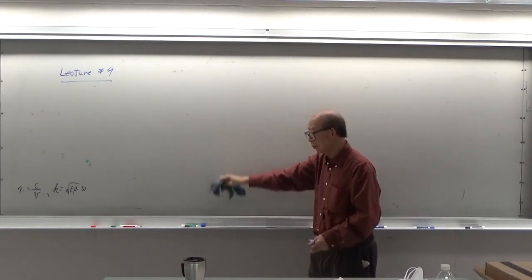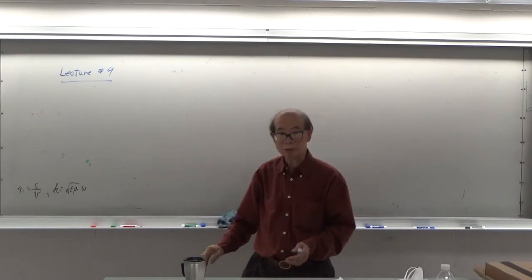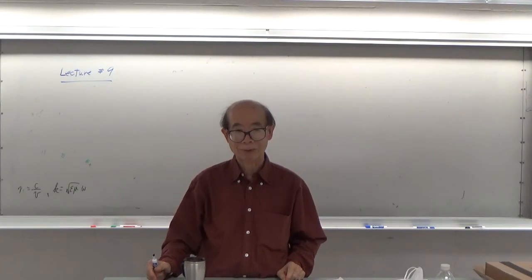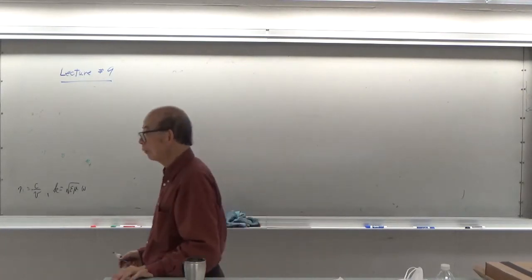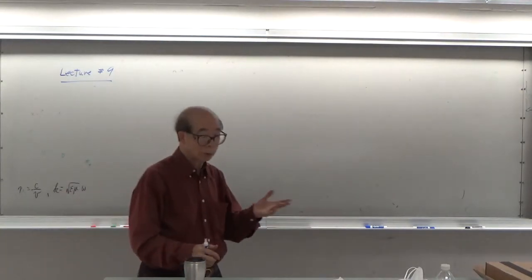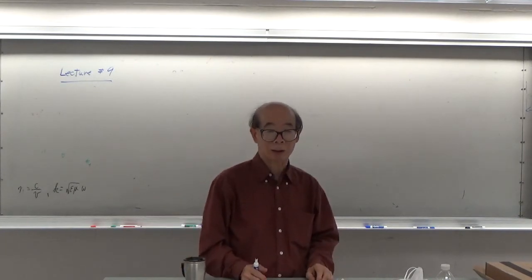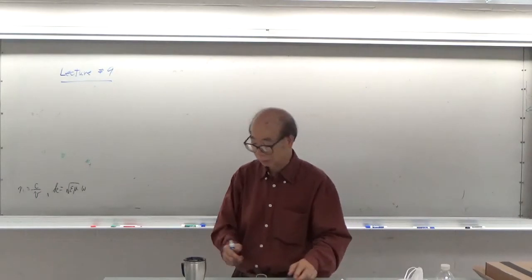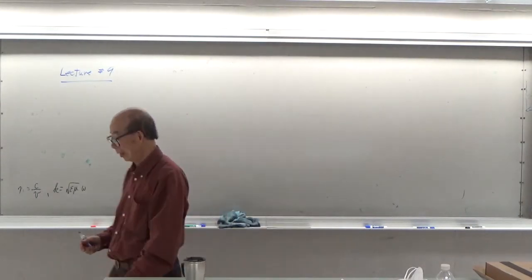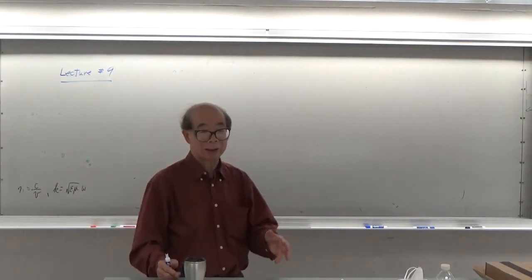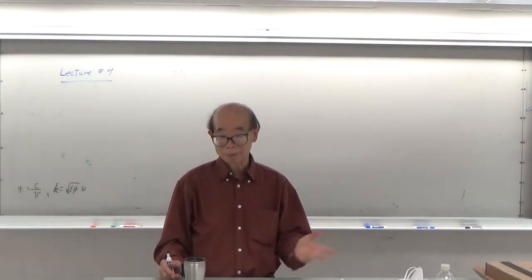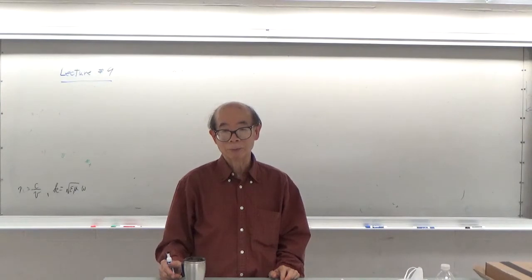So far, we've been talking about harmonic waves with one single frequency. We have been doing that for good reason, because from the study of Fourier analysis, all functions can be written as a linear combination of those harmonic terms.